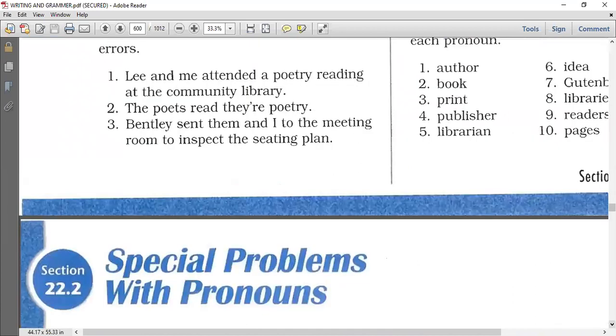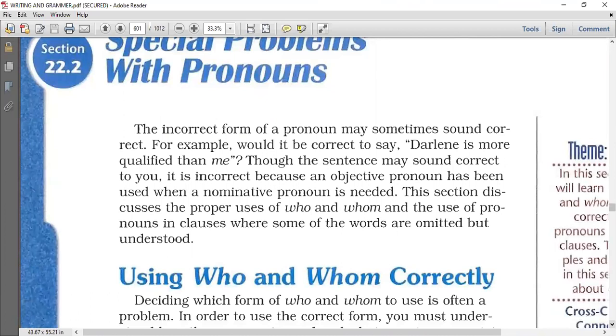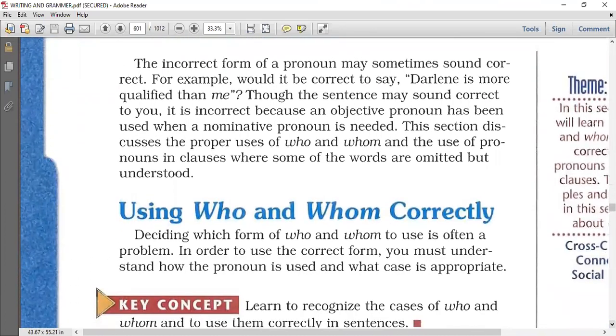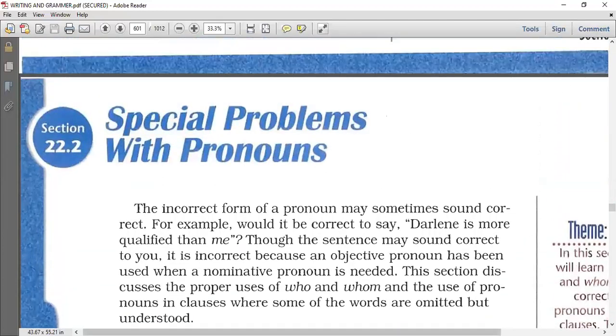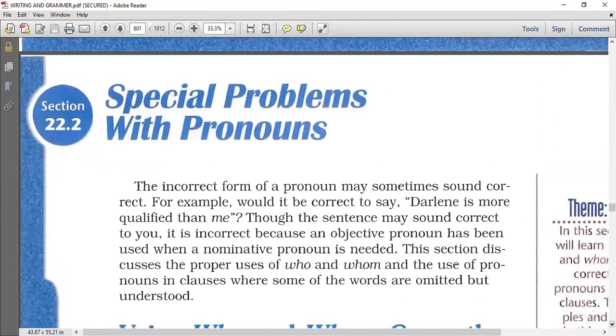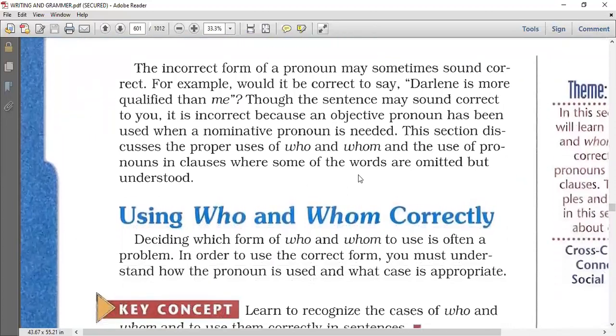Let's move on to part 2, special problems with pronouns. The incorrect form of a pronoun. Guys, these are the points which usually come in the ACT exam, like it's and its. It's usually in the exam in writing, sorry, or in ACT, what they call the English test.